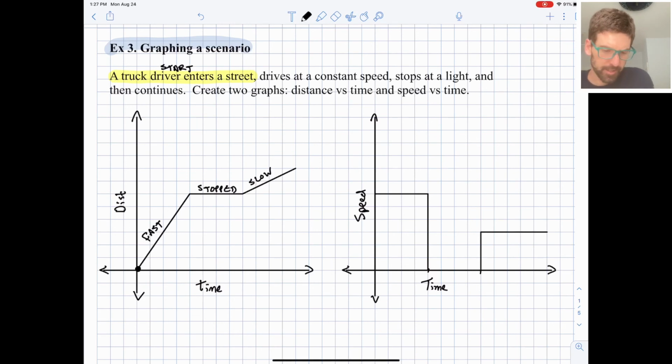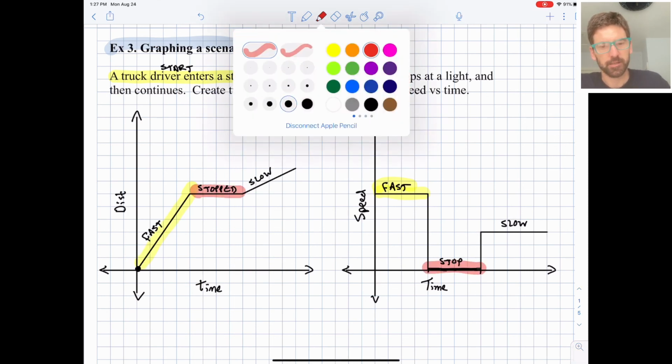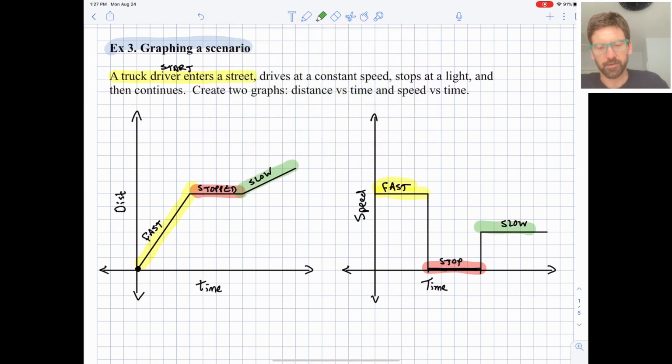Okay, I'll try to draw this here so you can see that it's right at 0, right in there. Okay, so this is where the truck is driving fast. This is where the truck is stopped, and this is where the truck is driving slowly. And maybe you can do a little bit of comparison between the different pieces on the two graphs.